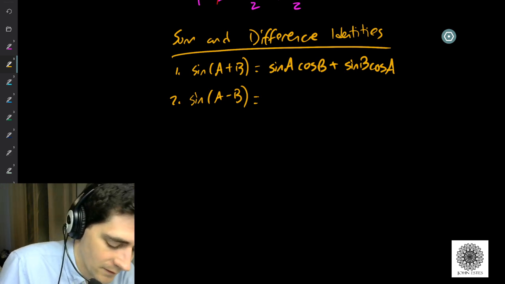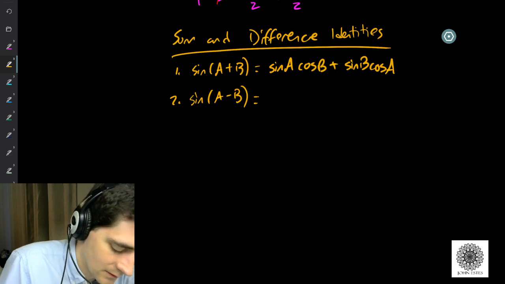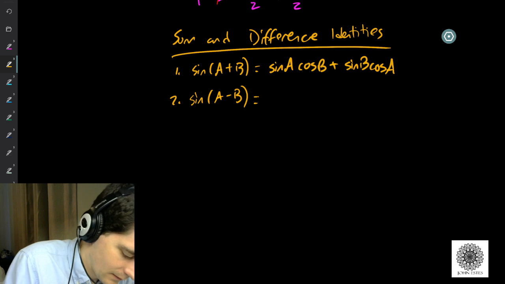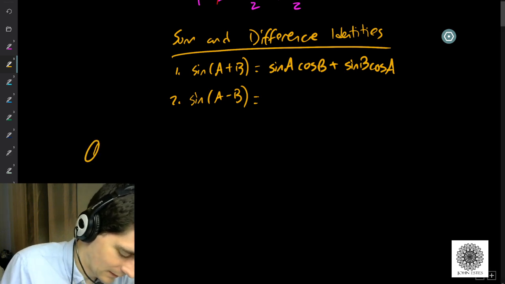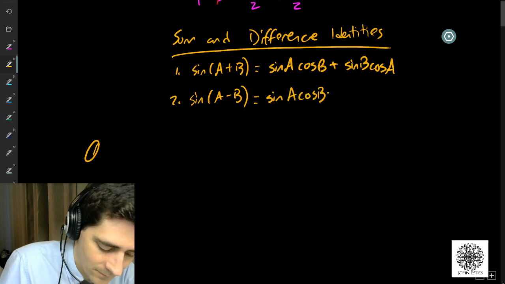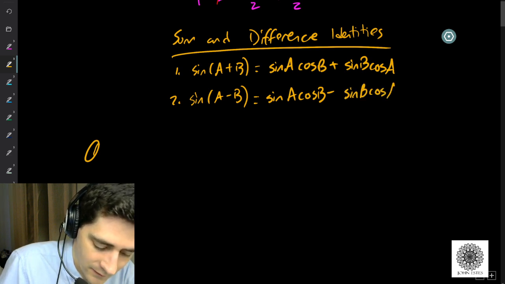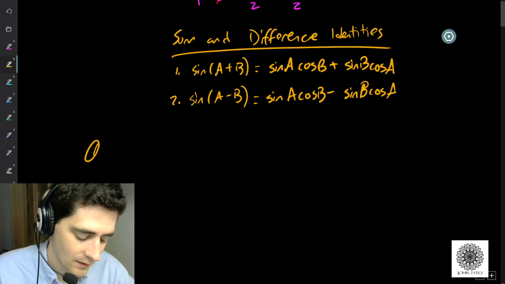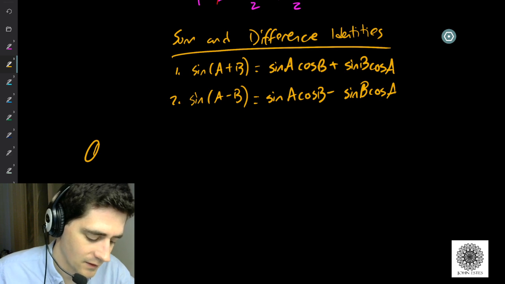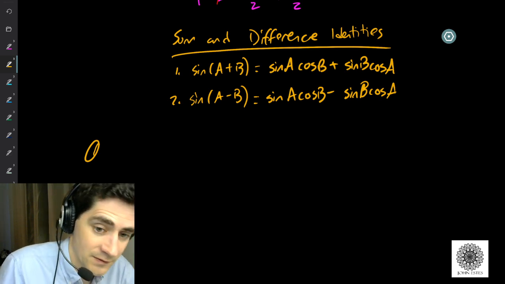For the subtraction, by that same pattern, sine of A minus B is sine A cosine B minus sine B cosine A. Sorry, my screen froze for a second. So again, you're changing your trig functions, sine A cosine B, and then you're keeping the sign, the plus or minus.